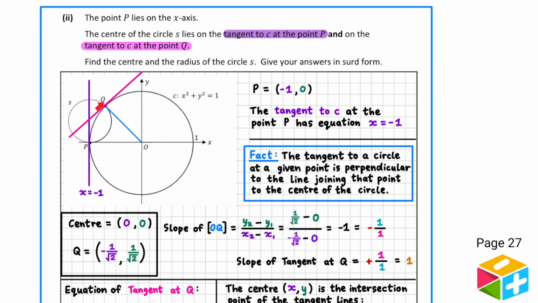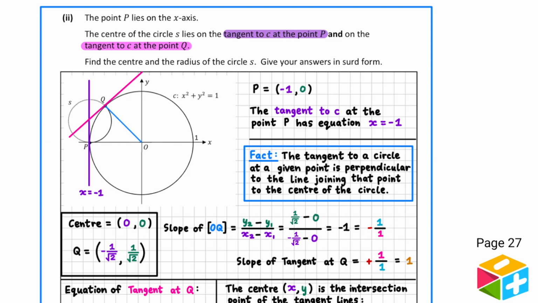Well, we've been told that the centre occurs at the intersection point of the two tangent lines. The strategy here will be to find the equation of both tangent lines, and then use simultaneous equations to find the intersection point.